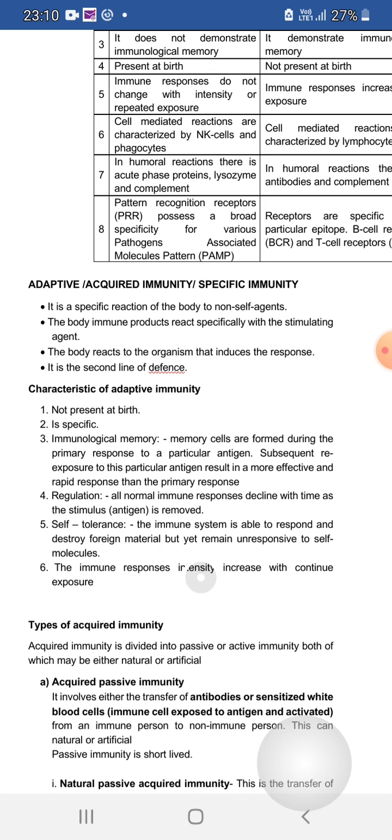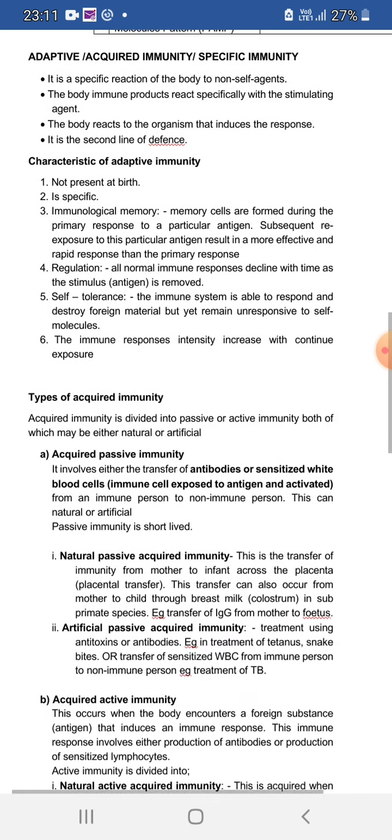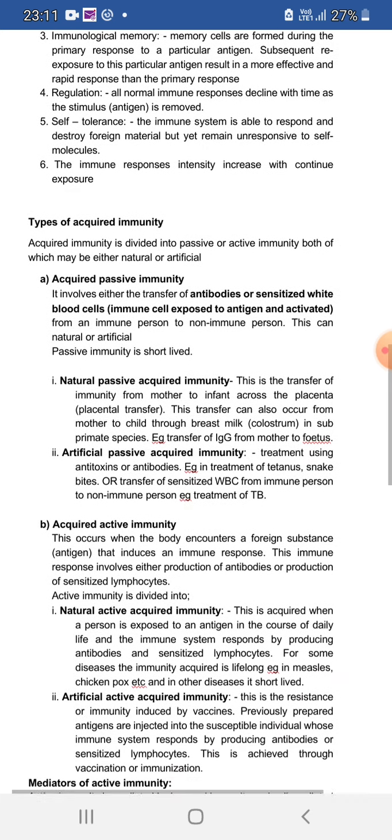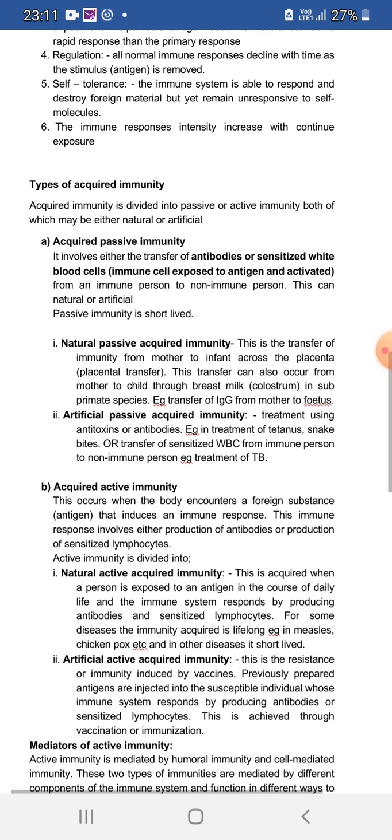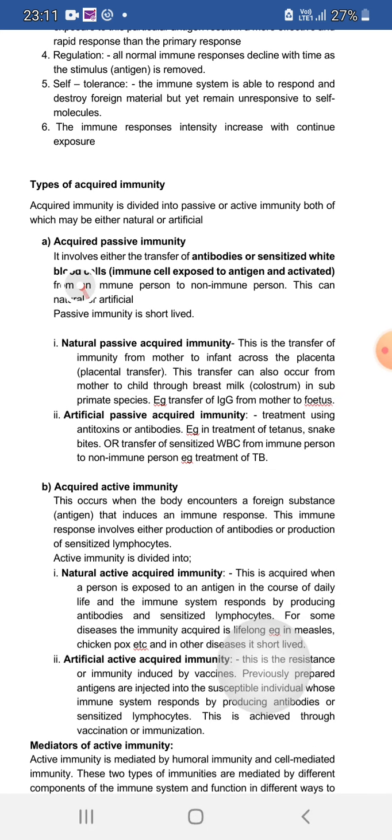So let's look at types of acquired immunity. Types of acquired immunity are divided into passive and active. So let's start by looking at passive immunity.